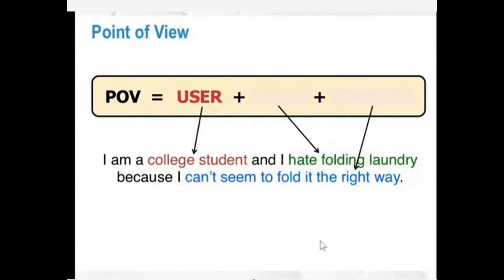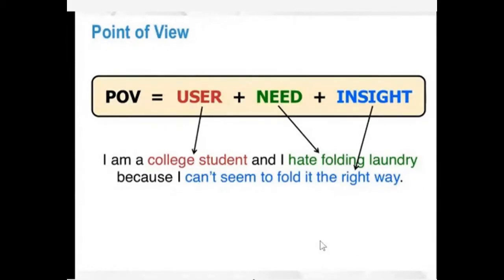College student is a user. What is his need to fold the clothes? What is the insight that we can develop from this? The insight is that he is hating to fold the laundry because he cannot fold it in a right way.